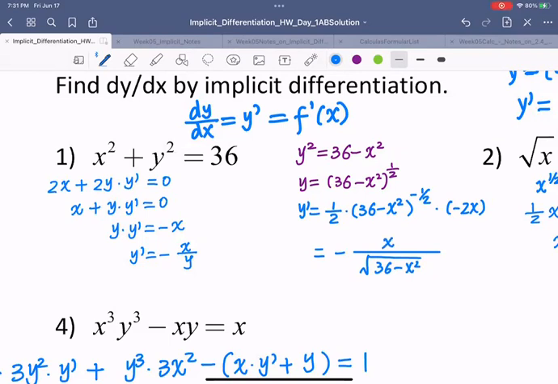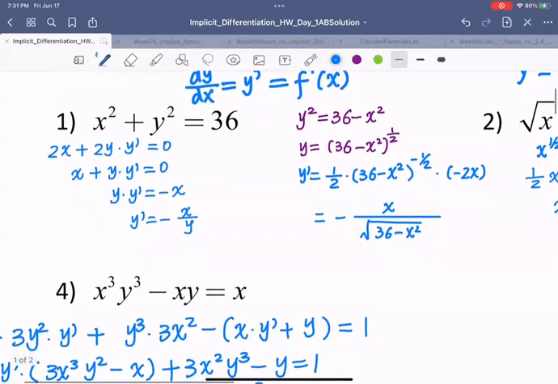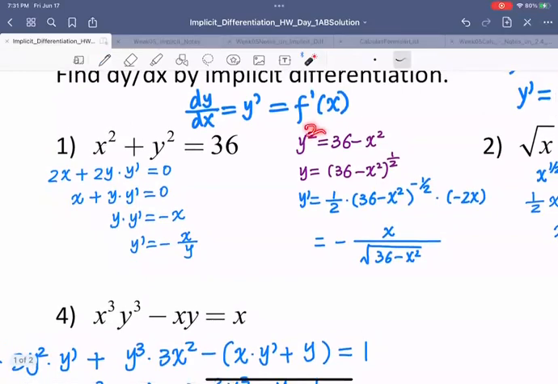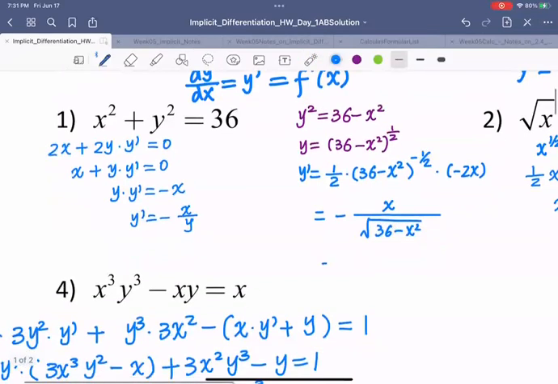Okay? Makes sense? Yeah. And again, you have a y squared here, right? You have y squared equals this. So you can replace this by y squared. Now, because we chose here to be positive, when we square root y squared, if y is positive, it's going to be y. So this equals negative x over y.